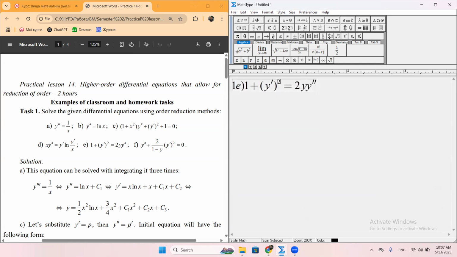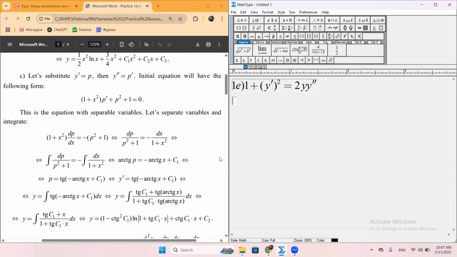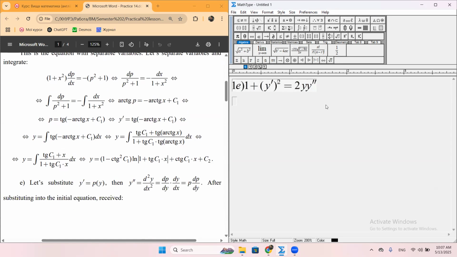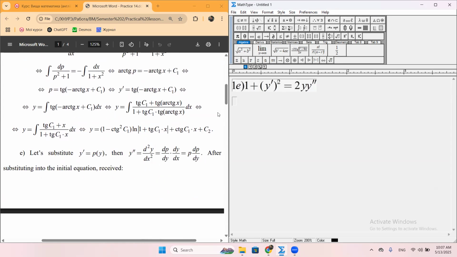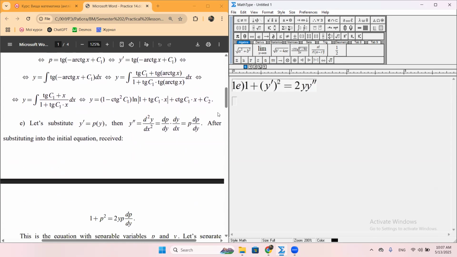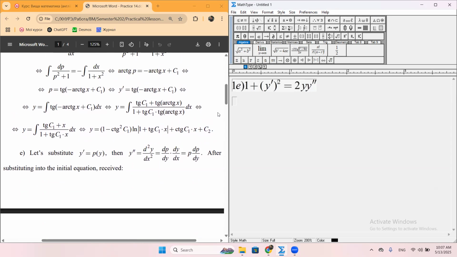So actually here we have one more interesting case. As we can see, here we have all derivatives of y, the zeroth derivative, first, second, so actually all orders we have in this equation.